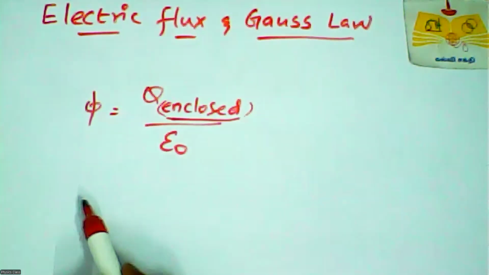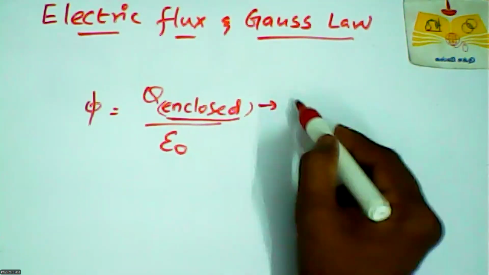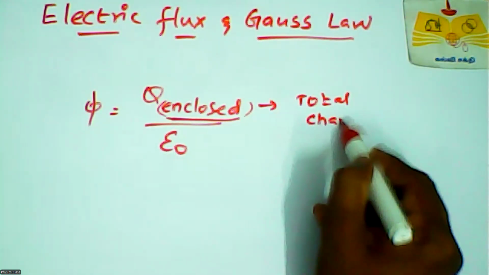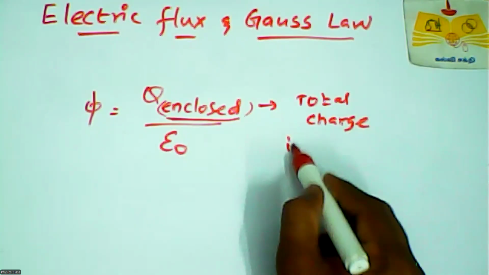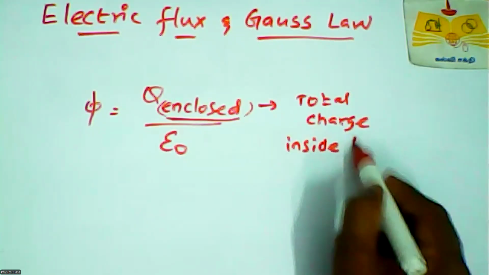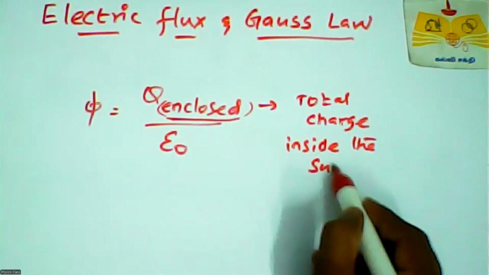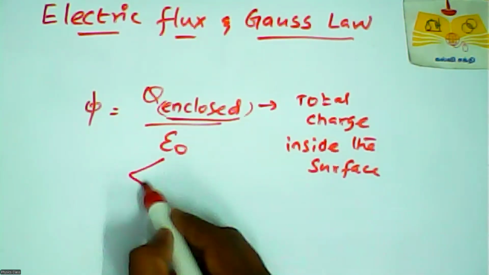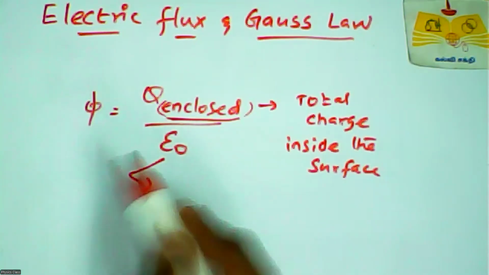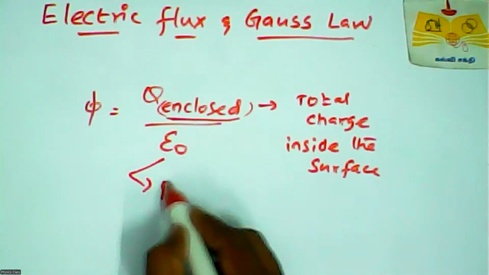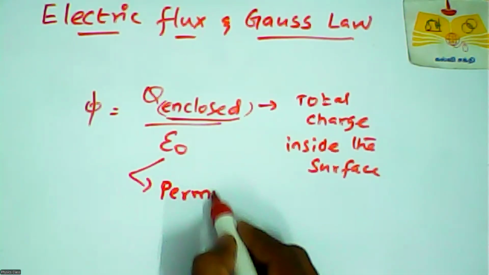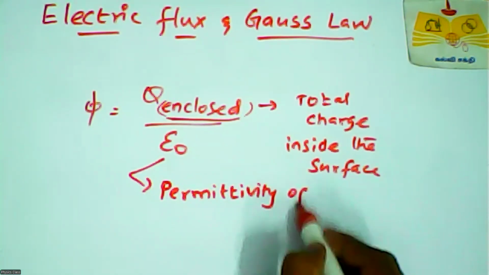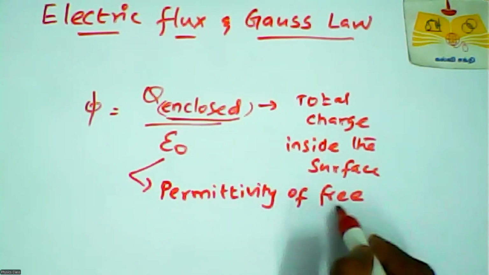Okay, right. So this is the total charge inside the surface. And already you know that epsilon naught is the permittivity of free space.